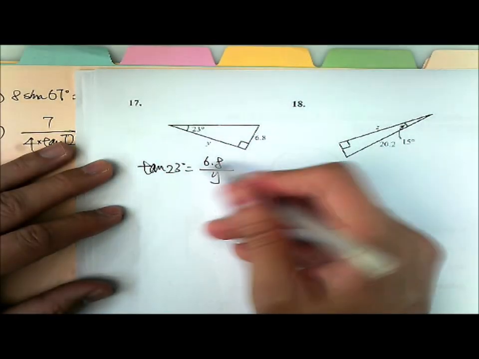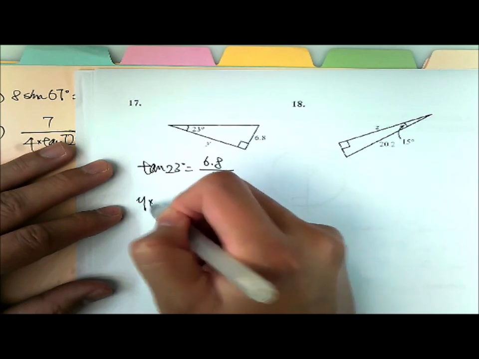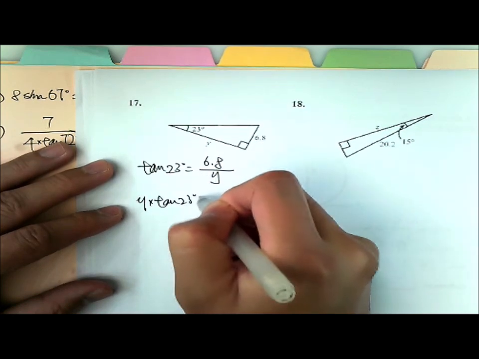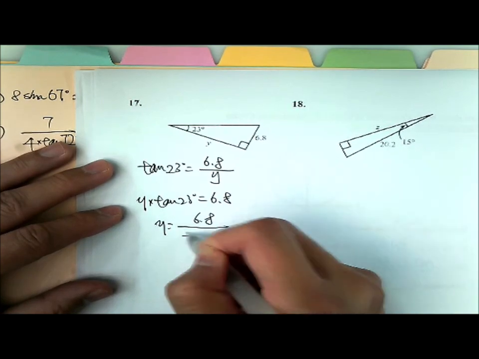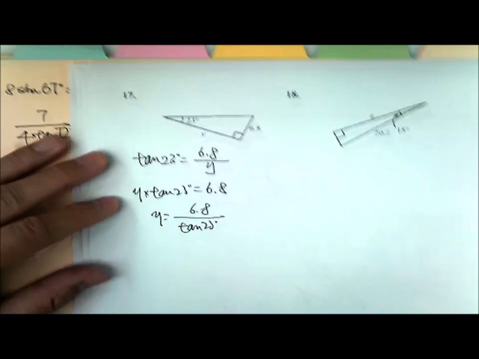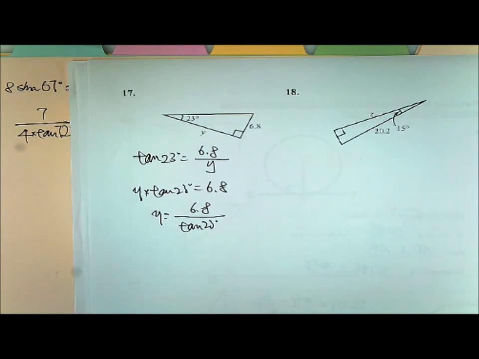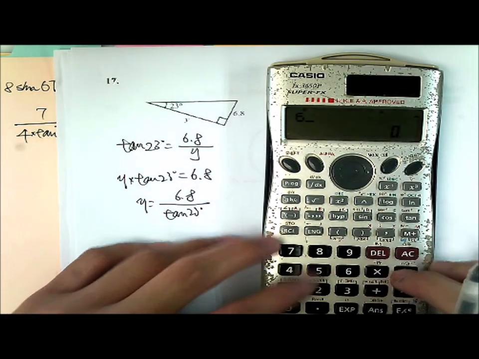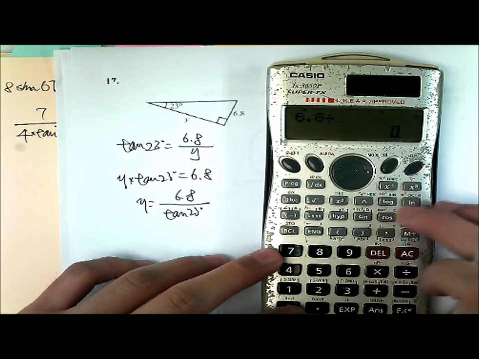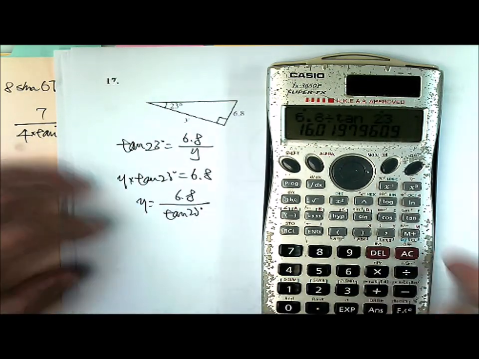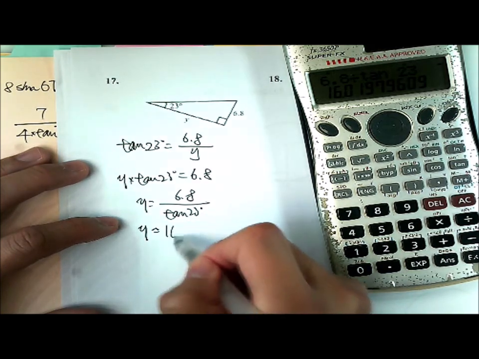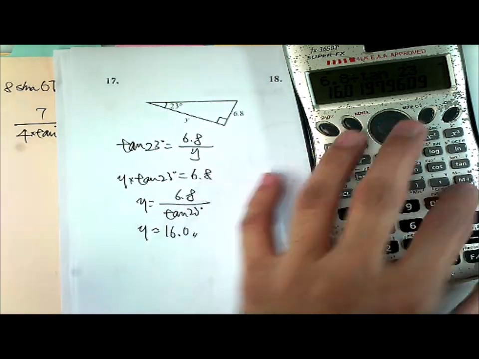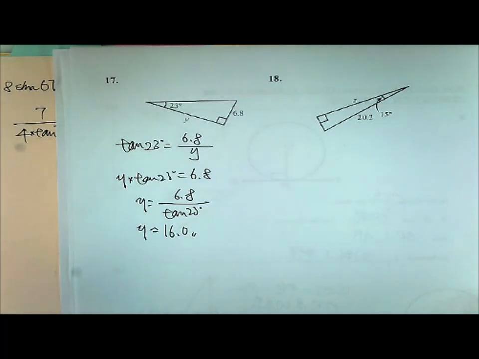So times both sides by y, you got y times tangent 23 degree equal to 6.8, and then y equal to 6.8 divided by tangent 23 degree. Okay? So next, you have to use your calculator. So you got about 16.0. Okay? So next, go to 18.